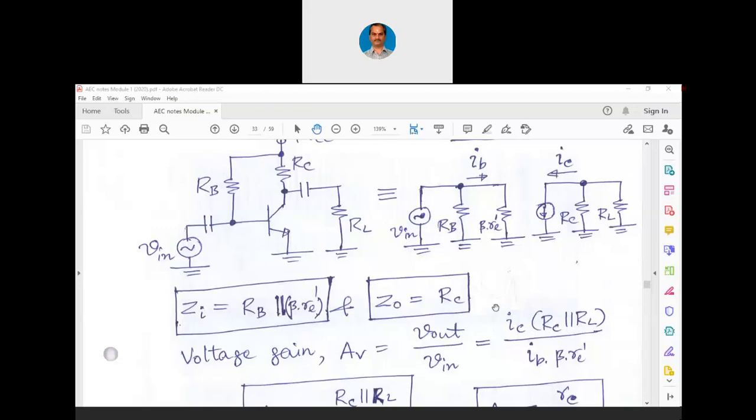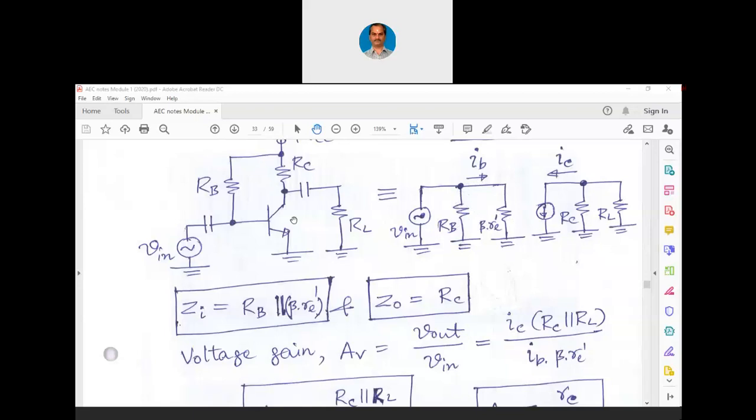And at the input again, V in is current into resistance. That current is IB and resistance is beta into RE dash. We will not consider this RB here. We are only discussing the AC current. Please understand, we are not discussing the DC current.